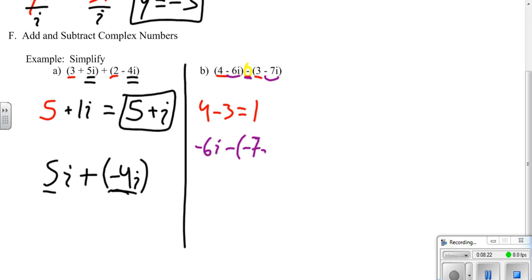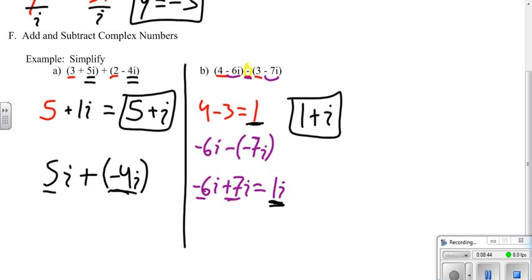When we are minusing a negative, that would be like adding. So negative 6i plus 7i equals, well, negative 6 plus positive 7 is positive 1i. So in the end, here's our real part, here's our imaginary part, so we'd say that it's 1 plus 1i, or 1 plus i.